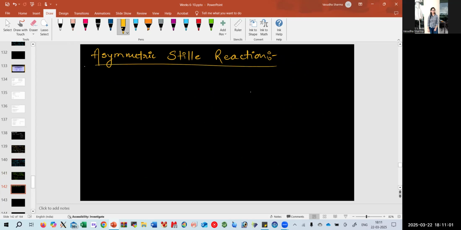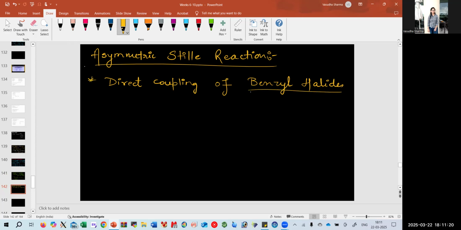So here what has happened is we are having a direct coupling of benzyl halides and tin organyls.